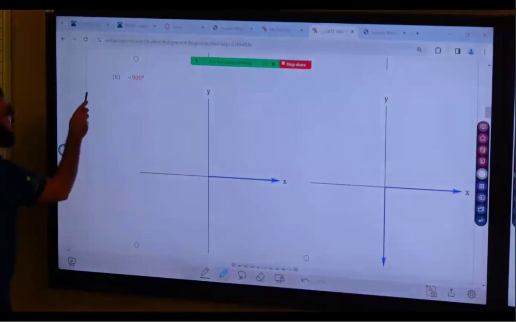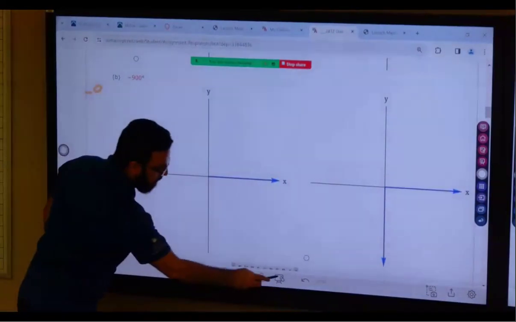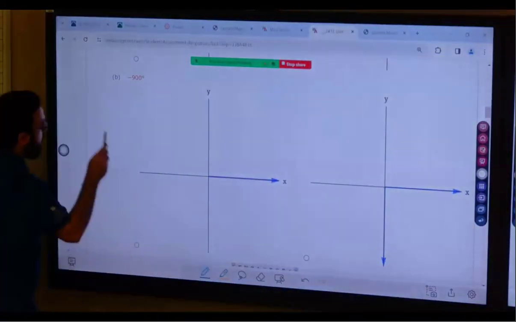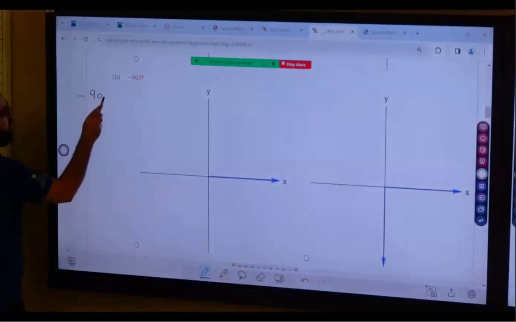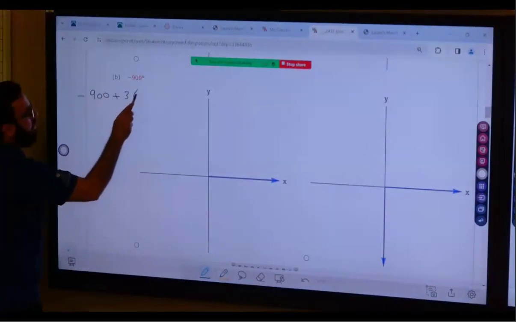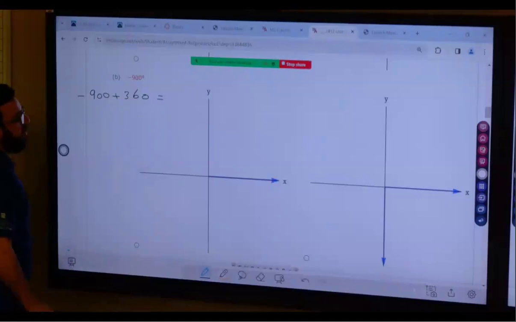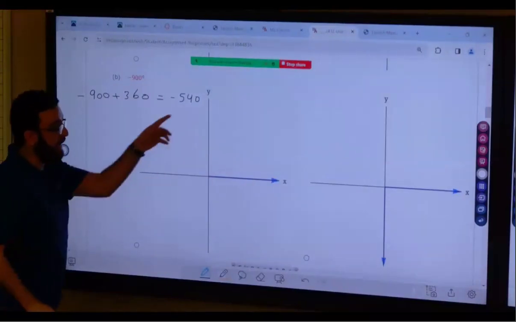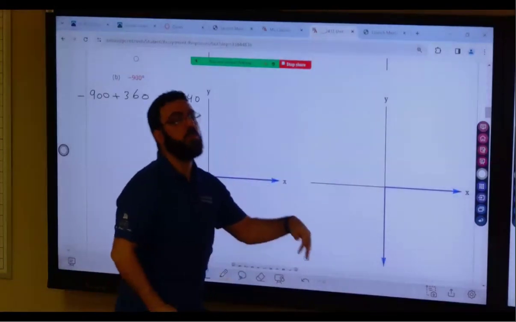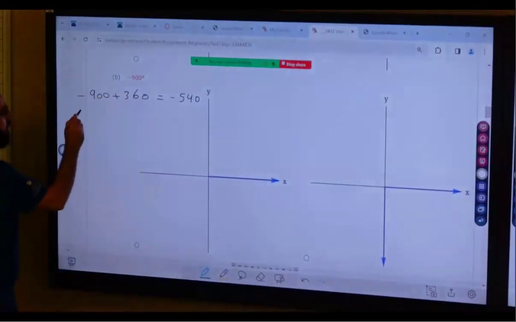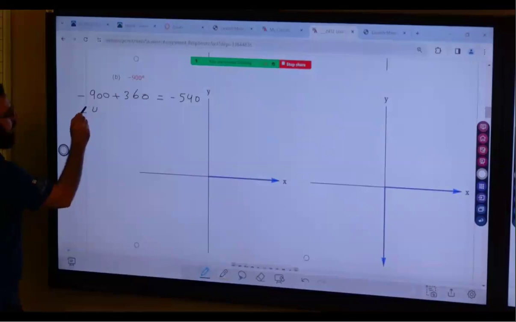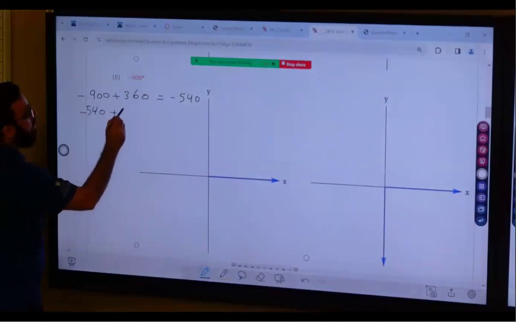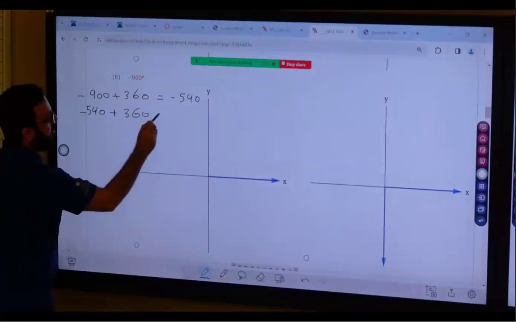So if you said negative 900, if you add 360, how much is it going to be? Negative 540. Can I graph negative 540 here? So I'm gonna do it again. Negative 540, if you add again 360, it's going to be what?